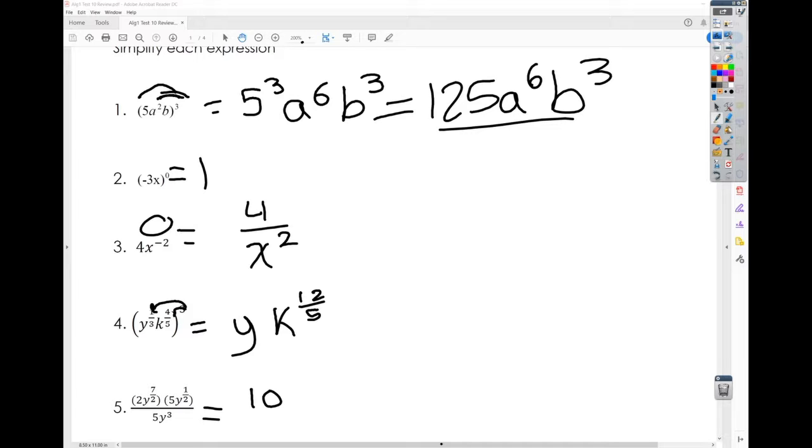Y to the 7/2 times y to the 1/2. So when you are multiplying the same base terms together, this is where we want to add exponents. So we want to do 7 halves plus 1/2, which would be 8 halves. Well, that's 8 divided by 2, and 8 divided by 2 is simply 4. So that's going to give me a y to the 4th.